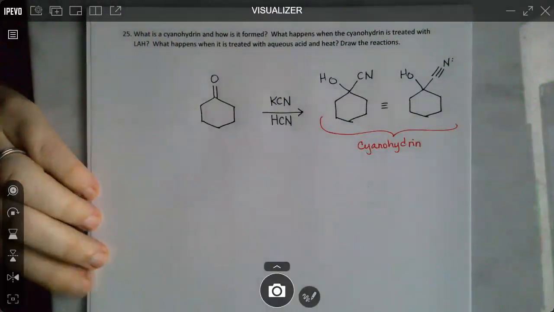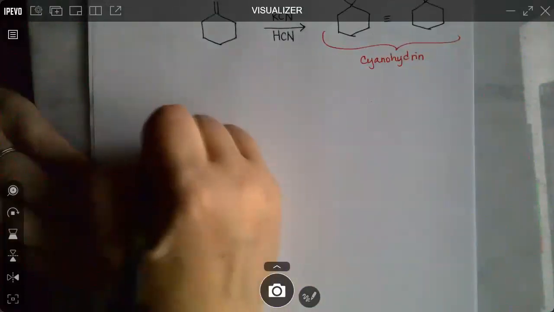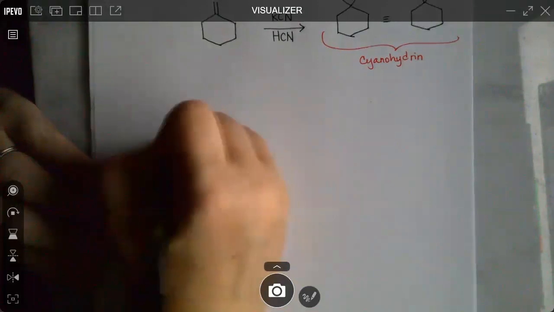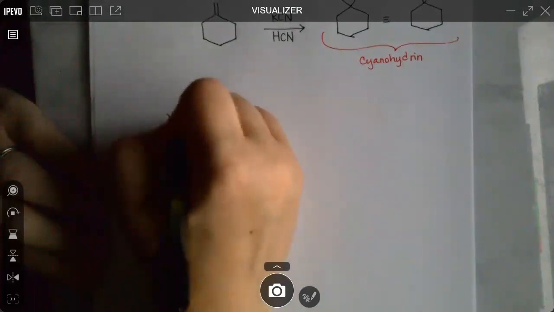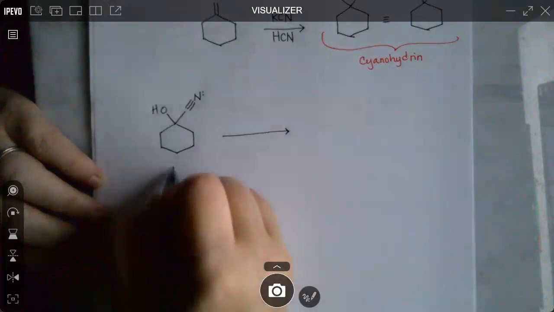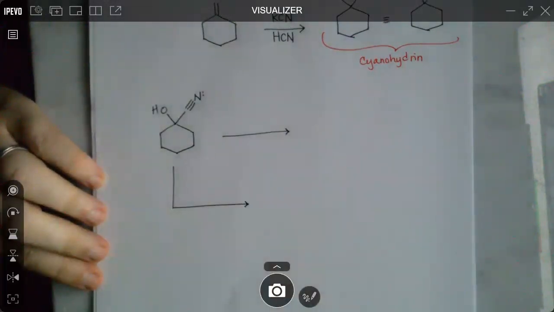And it can undergo a couple of different example reactions of a nitrile that the book gives for this, right? We can either treat this with aqueous acid or with LAH.